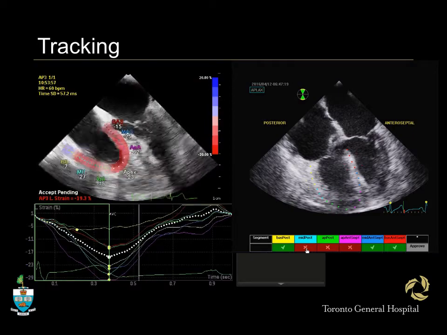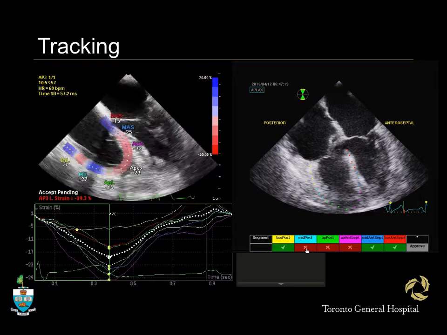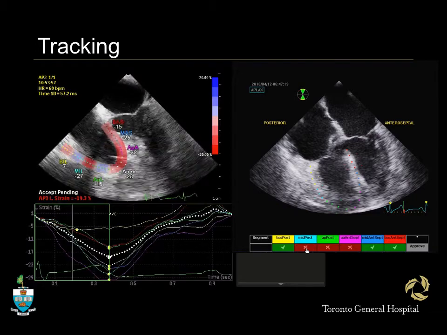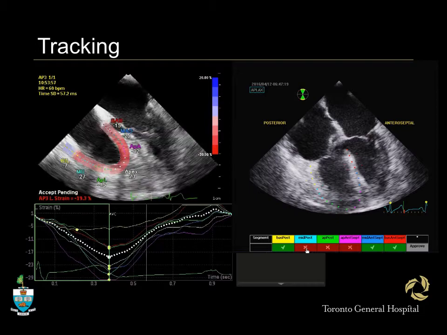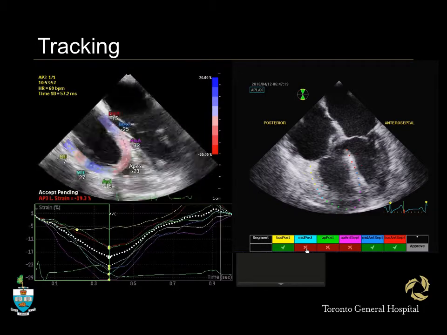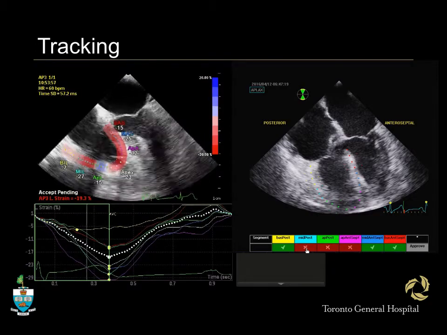Yes, it makes my life harder, but if I do get all greens, then that's pretty good tracking. If I don't have all greens, then I can always override it. If I look at the segment and the software says not good, you can click and say, no, I think it's good. So you can override the software, but it's not something I would advise anybody to do.